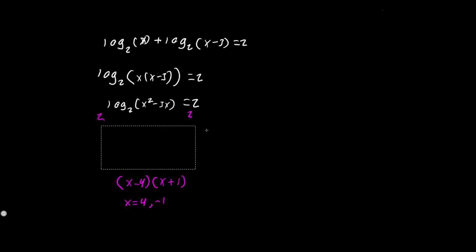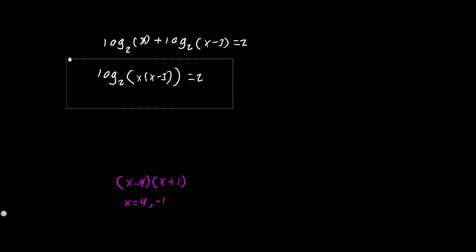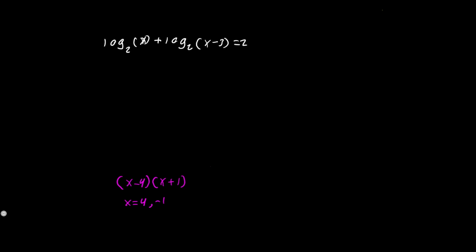So we want to go ahead and verify that that is indeed a solution to our equation, and which isn't. Since we may have extraneous solutions, we want to verify which is a solution. So we're going to plug in 4. So log base 2 of 4 plus log base 2 of 1 equals 2.